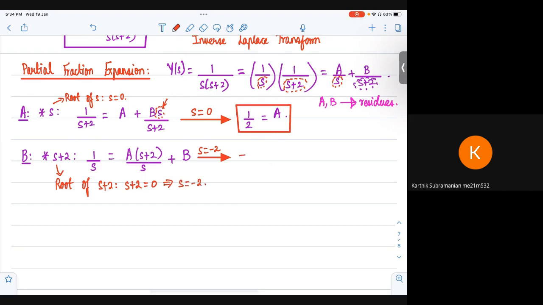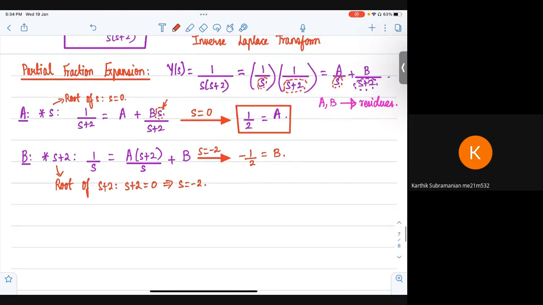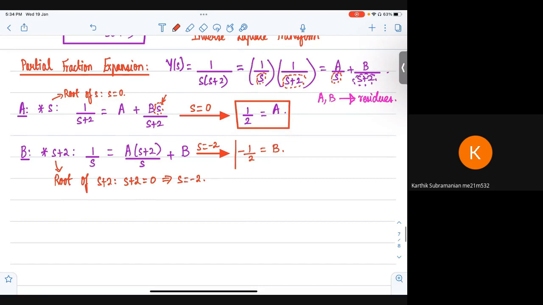So obviously, when I substitute s equals minus 2, I get minus 1 by 2, and that is going to be equal to b. How did I get this? Because the first term, a, has a factor s plus 2, and when I substitute s equals minus 2, that term goes to 0. So we have b equal to minus 1 by 2.